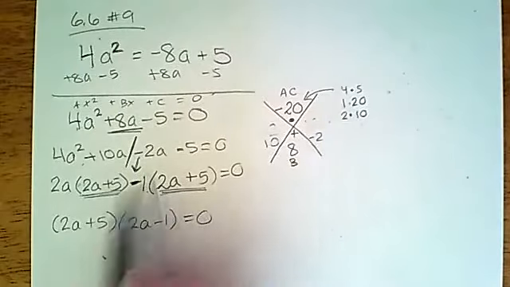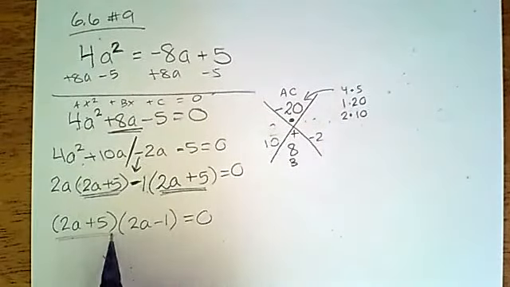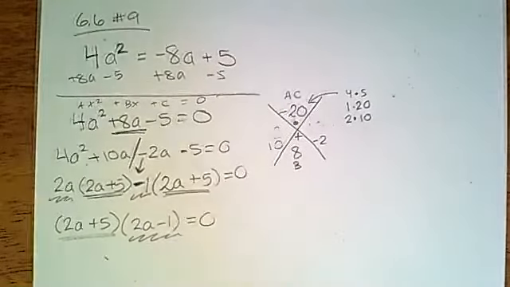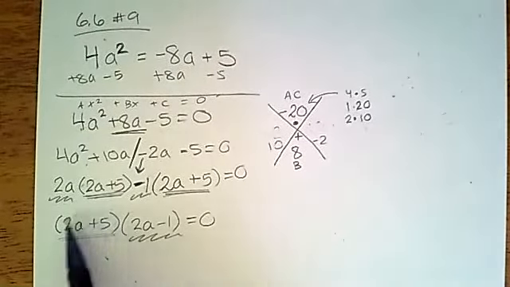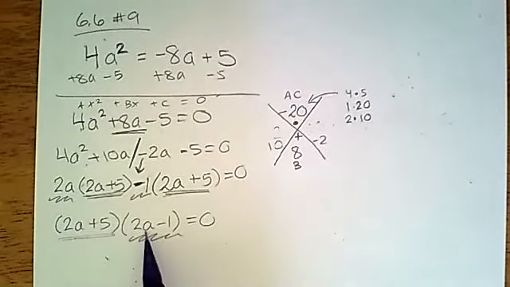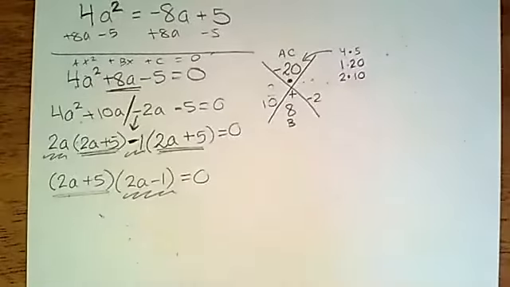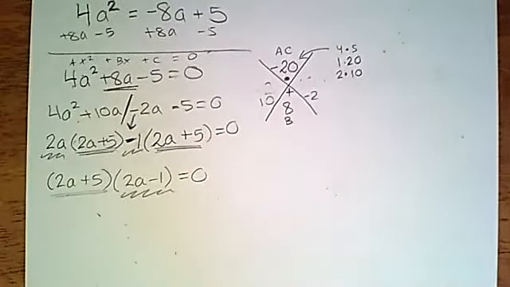I like to think of this as the common factor and then the leftovers. And it works by thinking about 2a plus 5, that quantity, being distributed to 2a, and the 2a plus 5 being distributed to the negative 1. So you can always check your work with every single step, which is awesome.